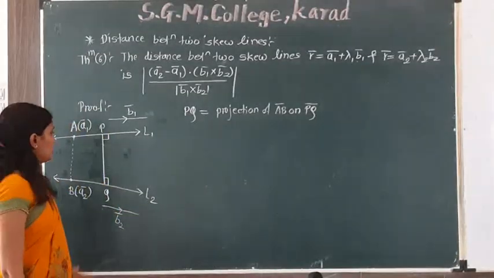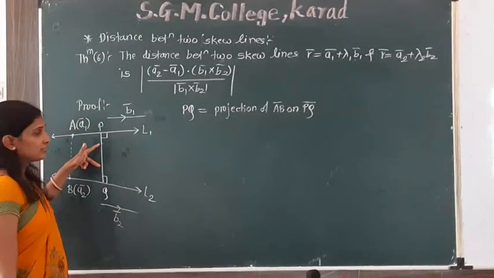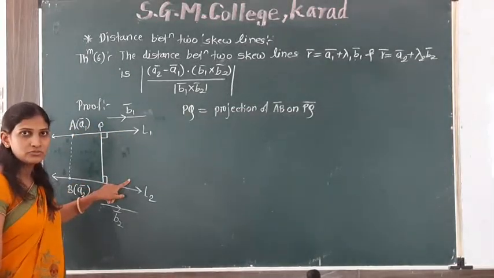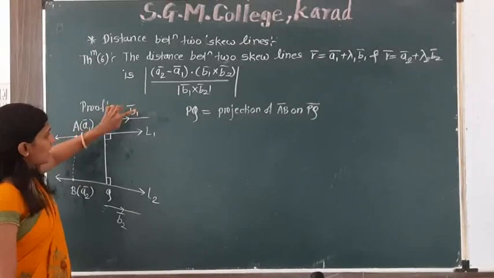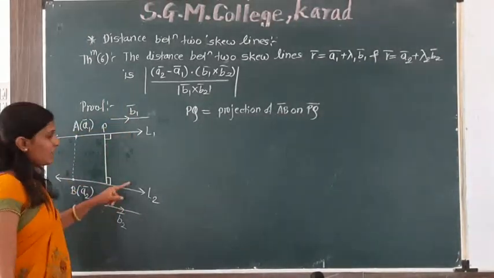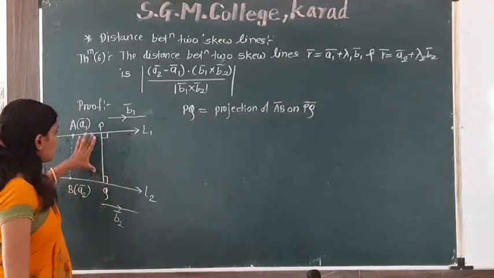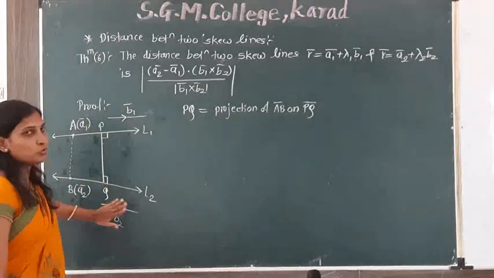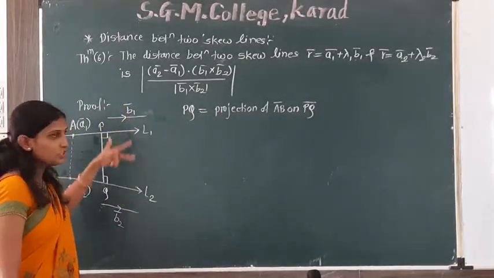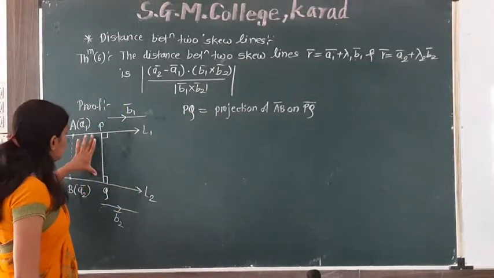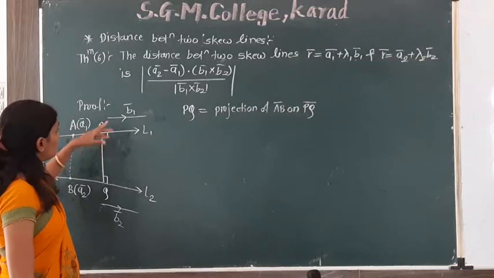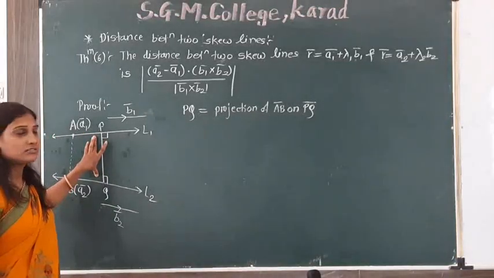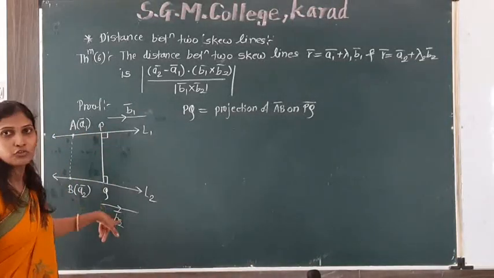But the line PQ bar is perpendicular to L1 as well as L2, and B1 bar is parallel to L1, B2 bar is parallel to L2. So PQ bar is perpendicular to B1 bar and B2 bar. If PQ bar is perpendicular to B1 bar and B2 bar, then PQ bar is parallel to the cross product of B1 bar and B2 bar.